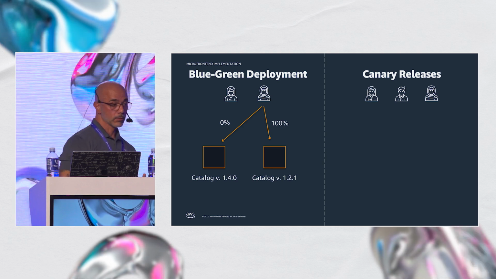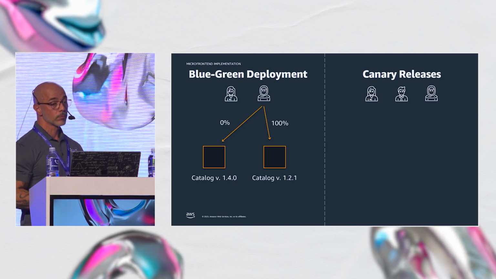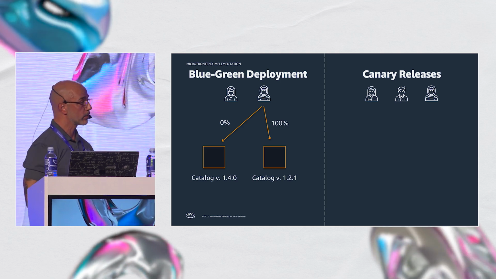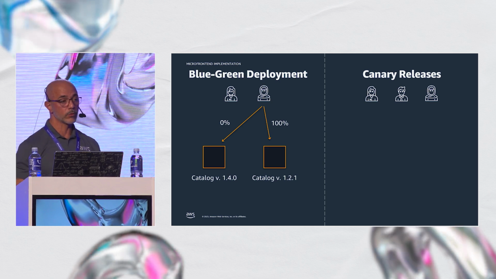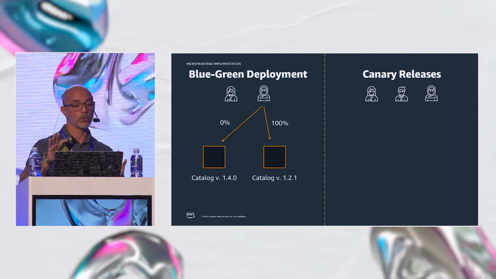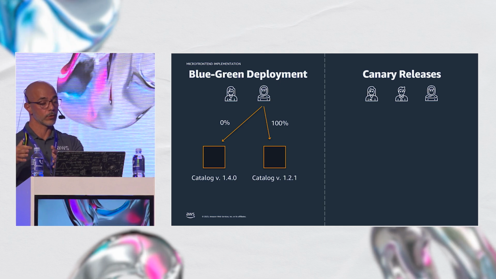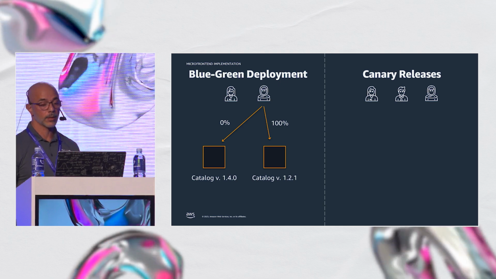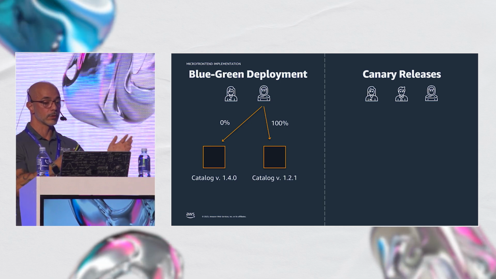I talk about the deployment strategy. So here are 2 of the many available deployment strategies. The first one is called blue-green. In blue-green, you have 2 instances of the same application. At the moment, you have all the users inside your catalog version 1, and then you switch, and everyone starts to use the new version.